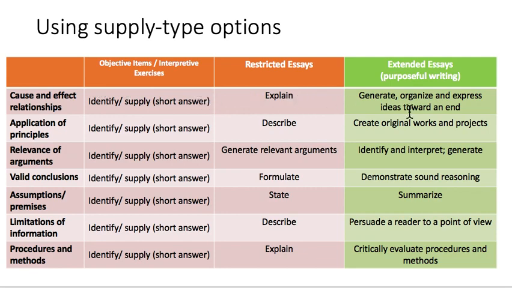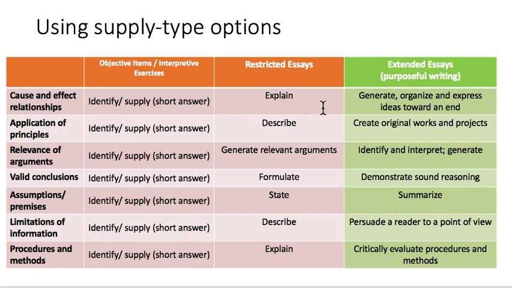When we go to the extended essays, now I need them to identify or generate their own causes that we maybe didn't talk about, but I kind of set them up too if they can think hard about it. They need to organize and they need to express those ideas towards some kind of end, right? And this is really purposeful writing to do something.